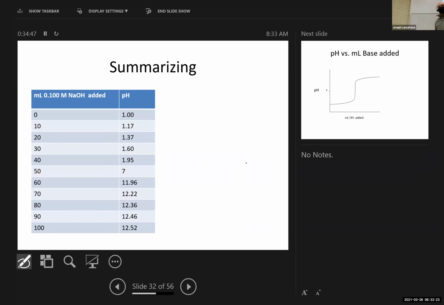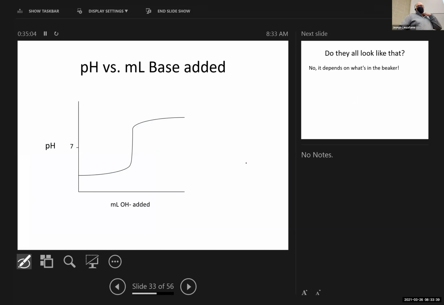If I filled in more points, I would find that it pretty much goes from 4 to 10 in a few drops of NaOH. And then it flattens out again as I'm just gradually increasing the amount of hydroxide. So as advertised, something like this, with a pH of 7 at the end point.